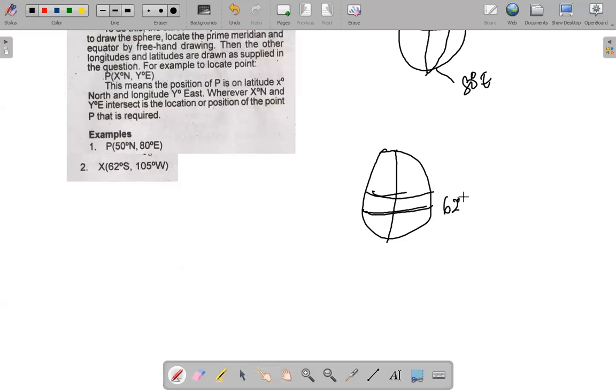Then the 105 degrees west. West is here. 105. That's our new diagram. We come at 105 degrees west. The point of intersection of the latitude and the longitude gives us point X.